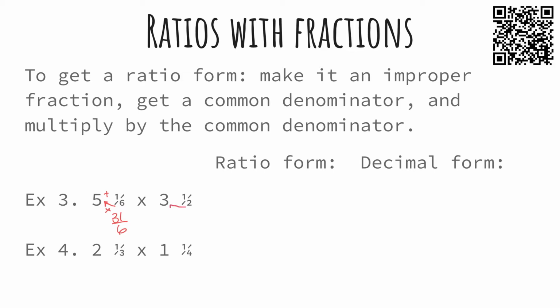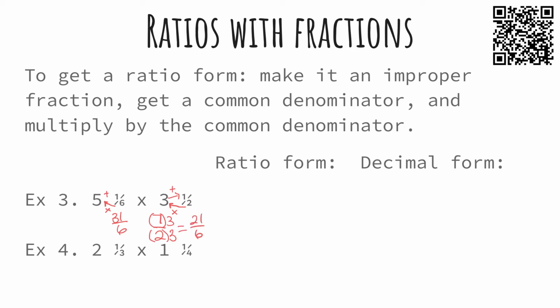3.5 is 3 times 2, and then plus 1, so that would be 7, and put 7 over the denominator of 2. You're going to need to get a common denominator. Our common denominator is 6, so we're going to multiply this by 3 to turn the denominator into a 6. So we would have 21/6.